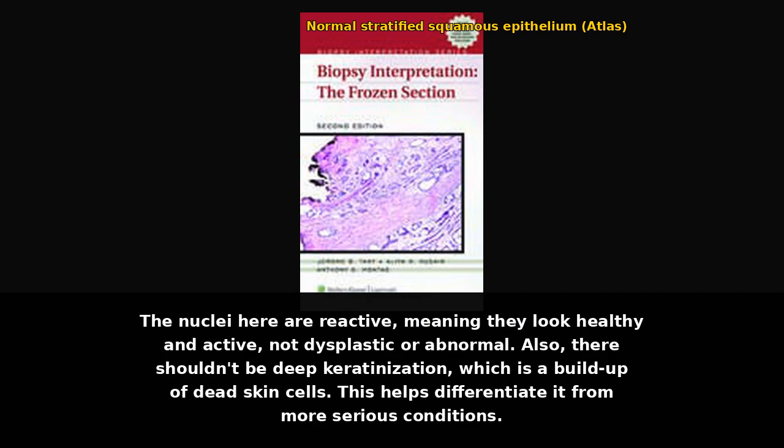The nuclei here are reactive, meaning they look healthy and active, not dysplastic or abnormal. Also, there shouldn't be deep keratinization, which is a buildup of dead skin cells. This helps differentiate it from more serious conditions.